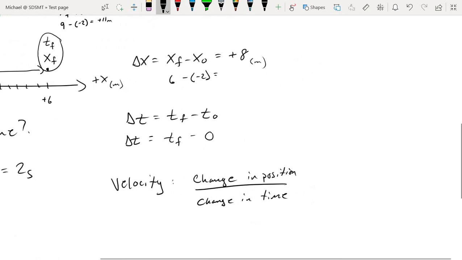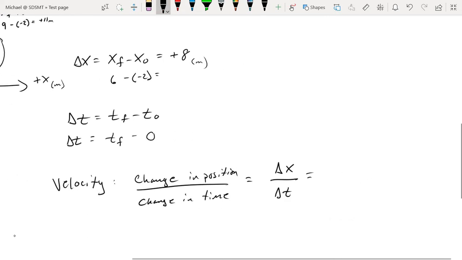Now, we've already dealt with change in position, that is delta x. And we can use the same approach in the definitions for change in time and call that delta t. So what we really have here is x final minus x initial over t final minus t initial.